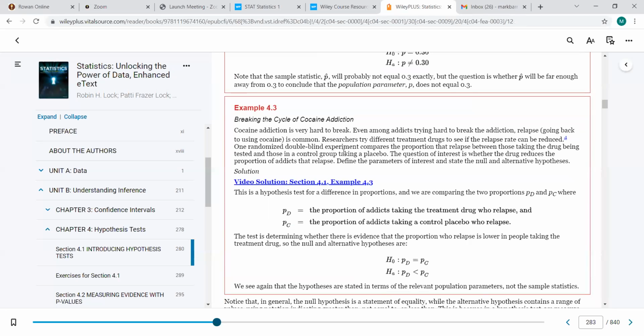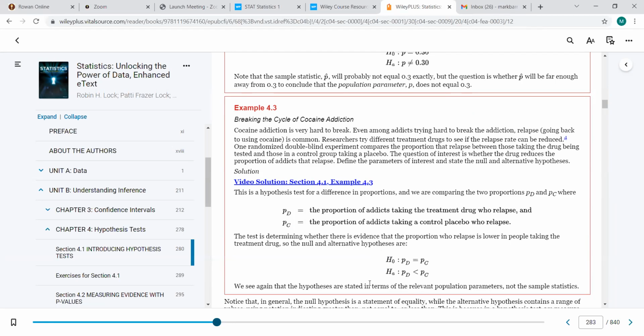So they ran a double-blind experiment, and they compared the proportion that relapsed between those taking a drug being tested and those in a control group, which take a placebo, which is just some sugar water, right? The people taking it don't know the difference. All right, and the question is whether the drug reduces the proportion of addicts that relapse. All right, so P is the proportion that relapse. So a drug that works will reduce that proportion that relapse.